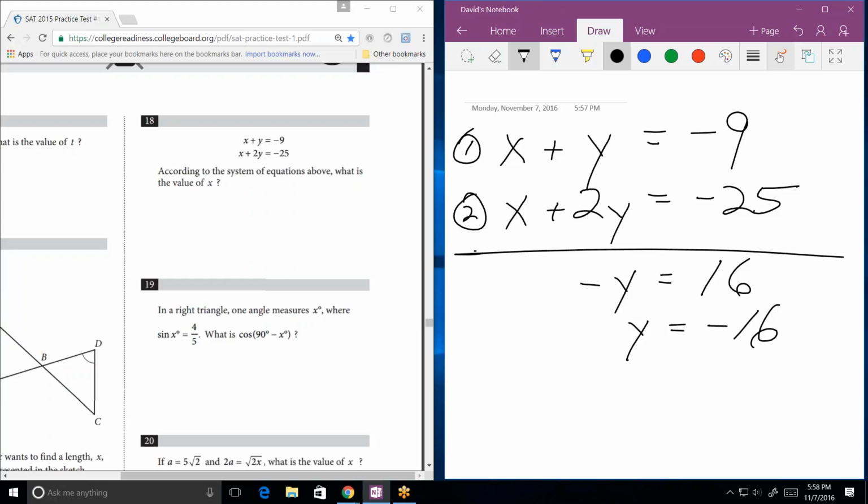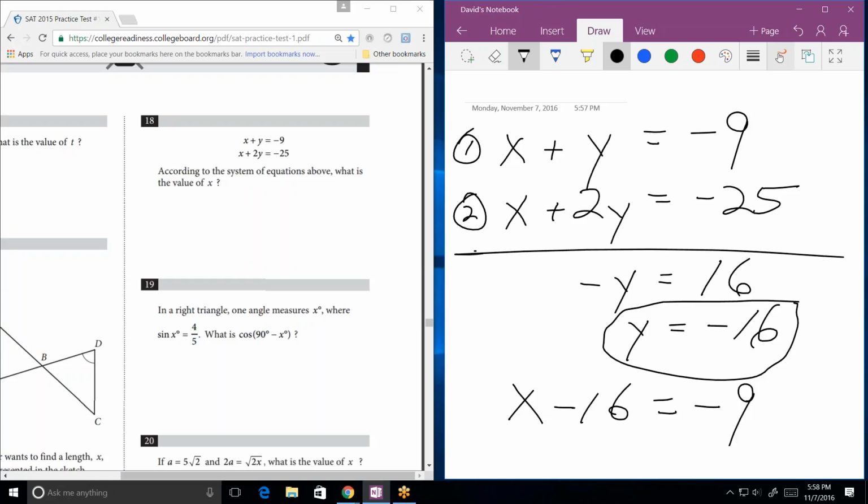In other words, now I take my solution for y and plug it into either equation and solve for x. So x minus 16 equals minus 9. What's x equal? X equals 7. That's the answer.